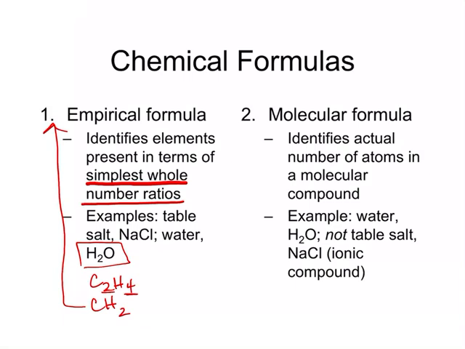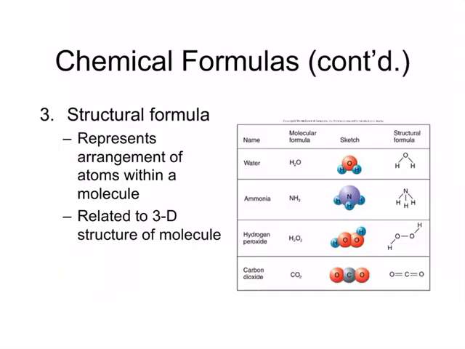The molecular formula is the actual number of atoms. So that would be C2H4. That is the molecular, that's the actual. And then the third type is structural. So that's just going to show you how it would look if it was bonded together.